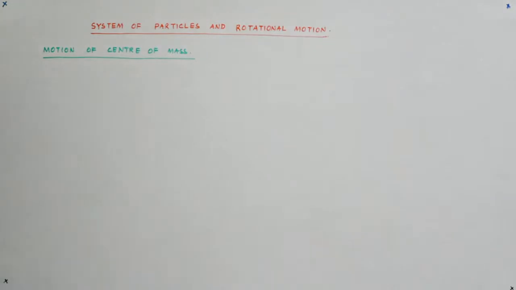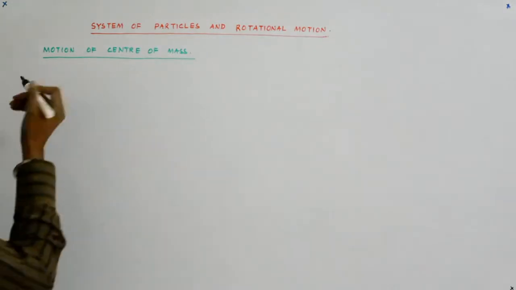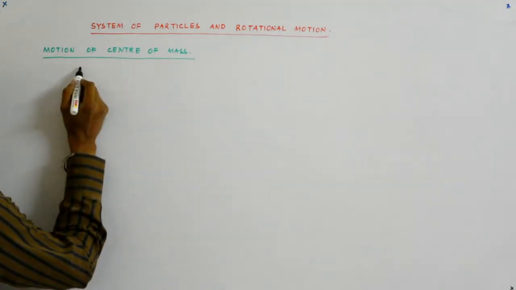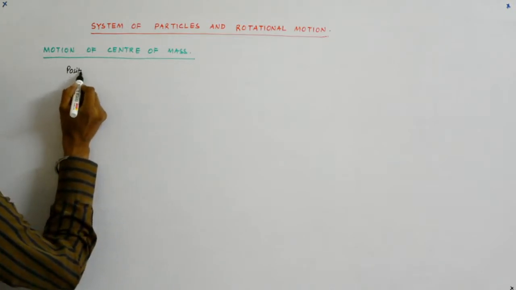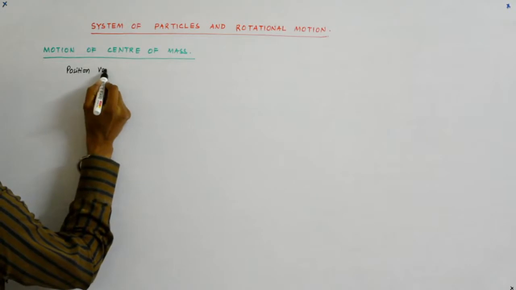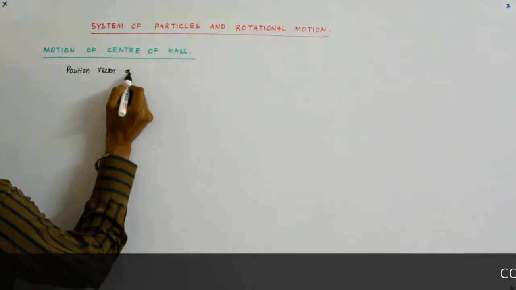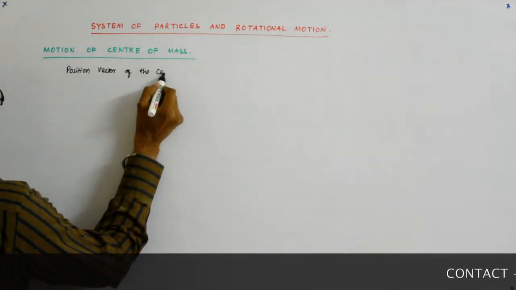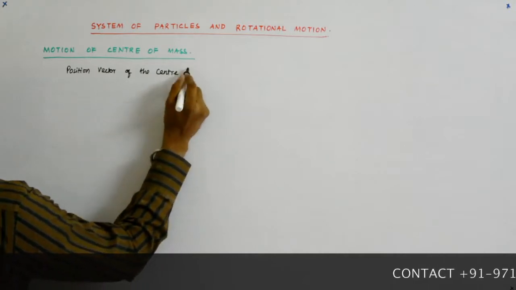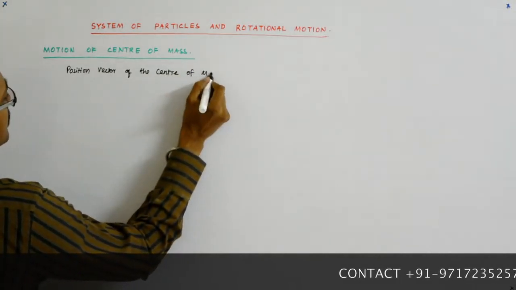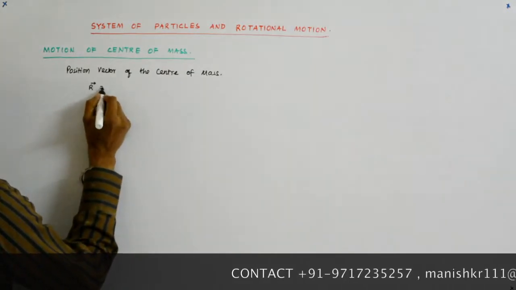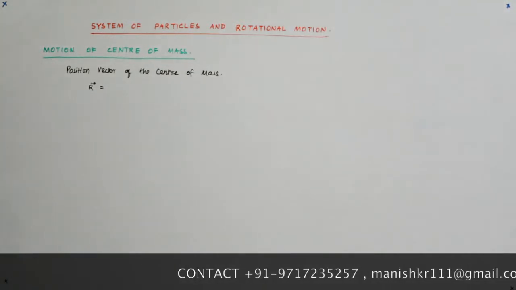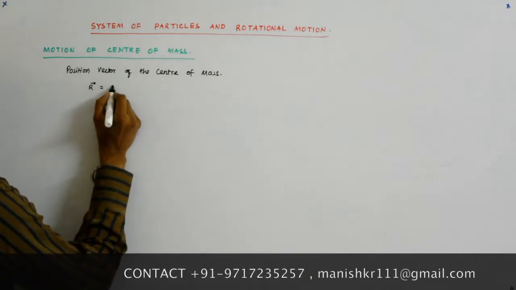We had seen that the position vector of the center of mass, which is given by r, was actually what?